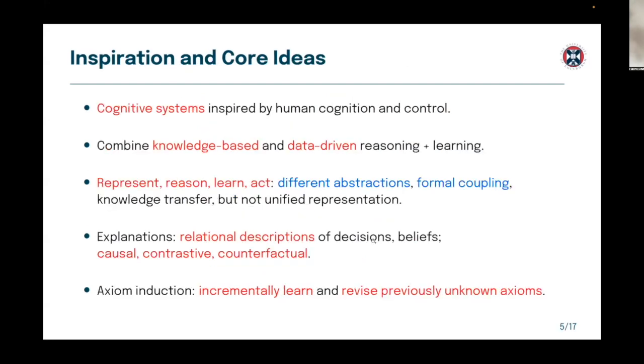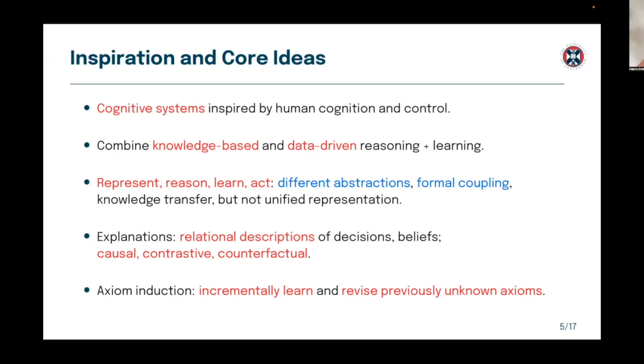So in this work, our takeaway was that instead of just looking at this as a data learning problem, we try to combine knowledge-based reasoning with it so that they both can address each other's limitations. Our inspiration lies in cognitive systems, which are in turn inspired by human cognition and control.